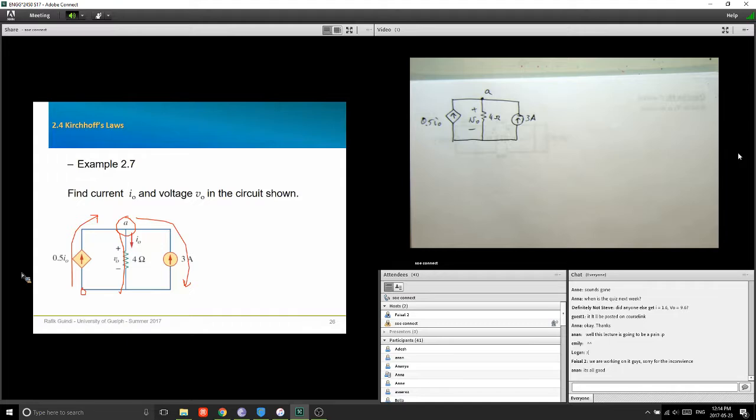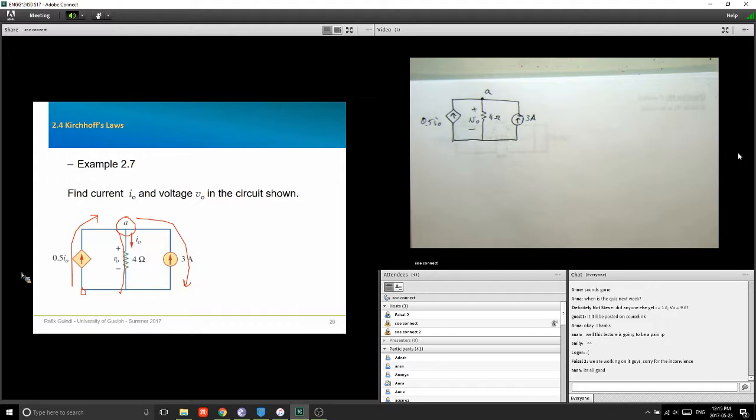Sum of the currents flowing in is equal to the sum of the currents flowing out. I have two currents flowing in: 0.5 I naught plus 3 amps. Both of these are going into my node. That's equal to one current flowing out, which is I naught, flowing downwards through that middle branch.